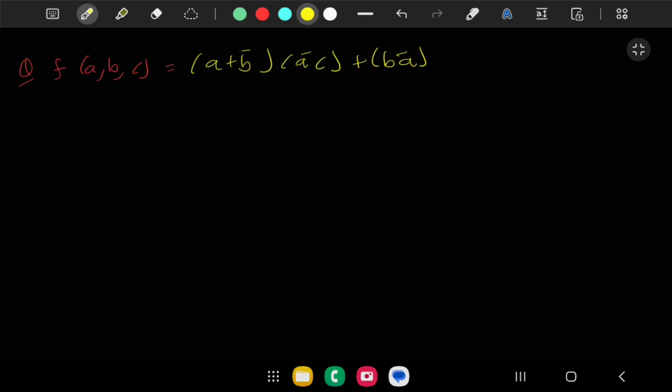Now let's take this question. Find f dual and f complement. Then what will be the answer? This or will become and. Inside you'll have b plus a bar. Very simple. This and will become or. This or will become and. This and will become or.